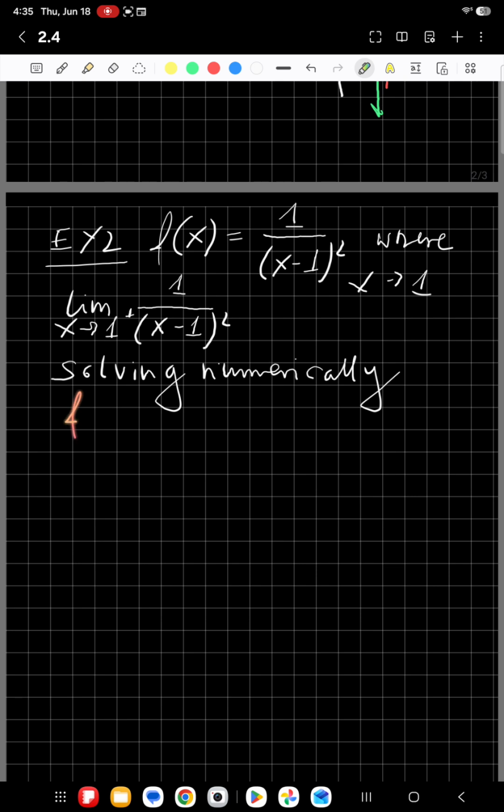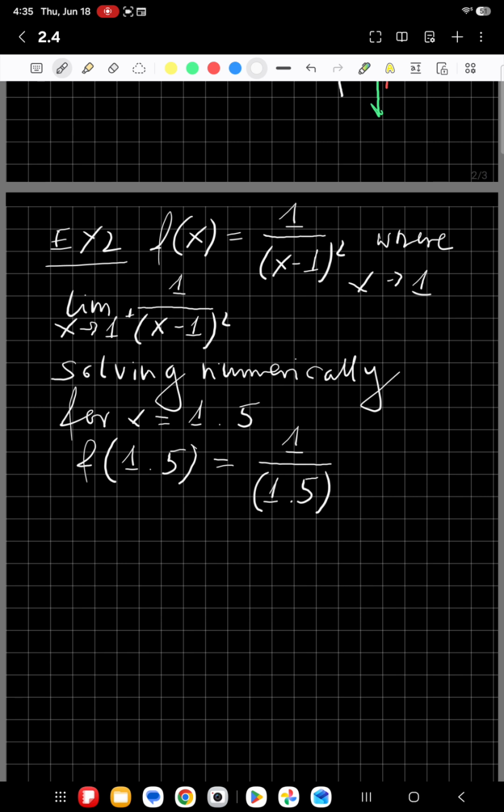So for x equals 1.5, I'm doing f of 1.5, and we'll try to figure out where the value of the function goes. So I'm taking 1 over, here I have 1.5 minus 1.